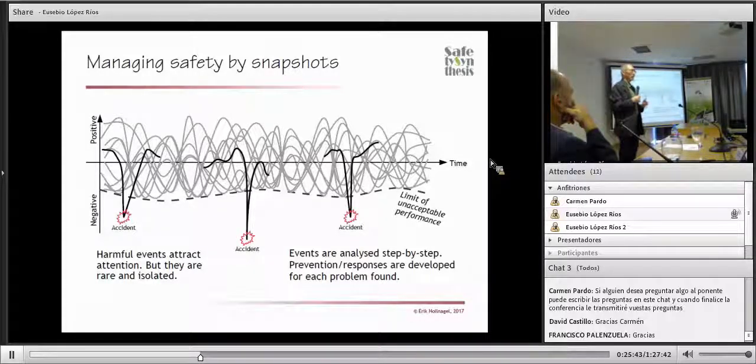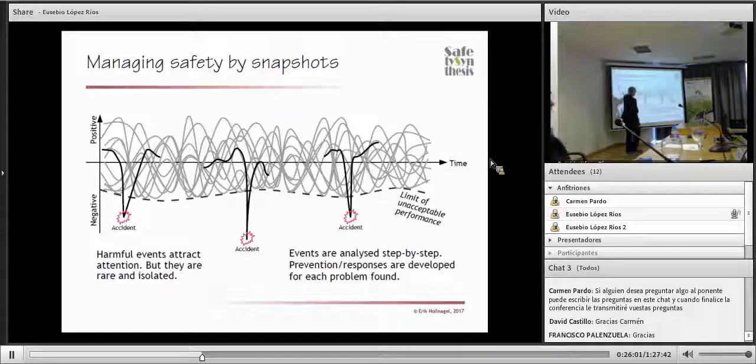Every now and then something happens that goes through the limit, that passes through the threshold. We call them accidents and incidents. But the point is that when we try to manage this, because this is what we should manage, we look at this.